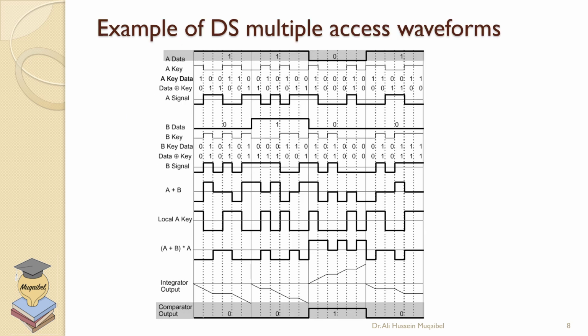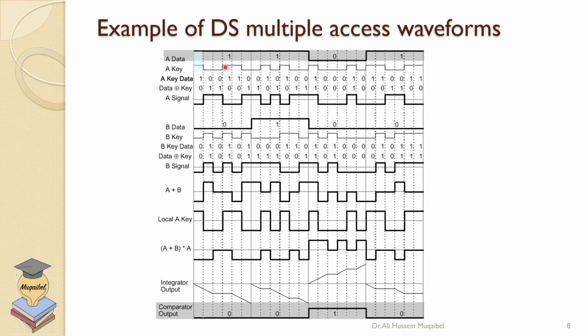Examples of direct sequence spread spectrum. In direct sequence spread spectrum, we have data and we have a key. This is the data, 1101, so about 4 bits. Now the key is of course at a much higher rate, which requires more bandwidth.